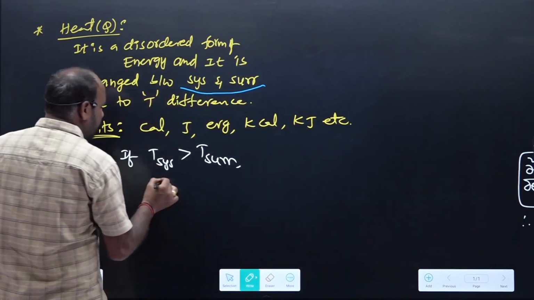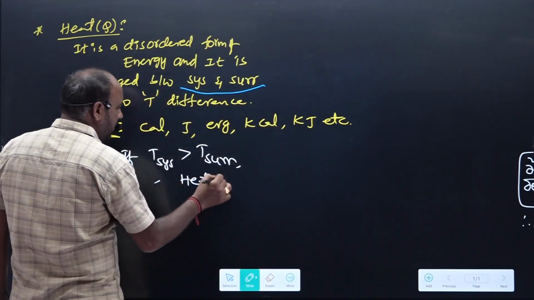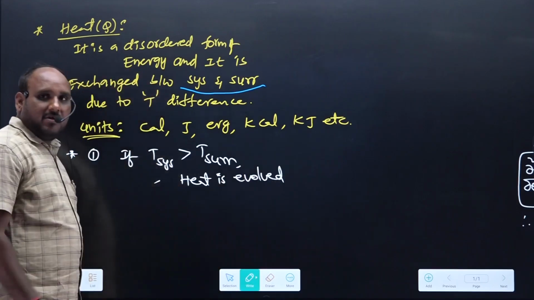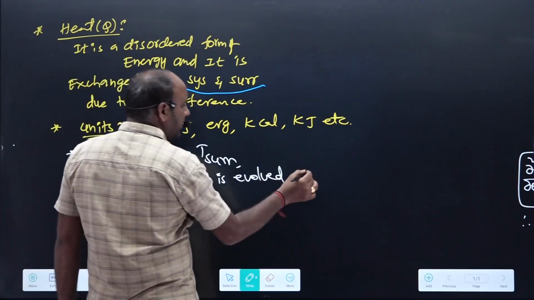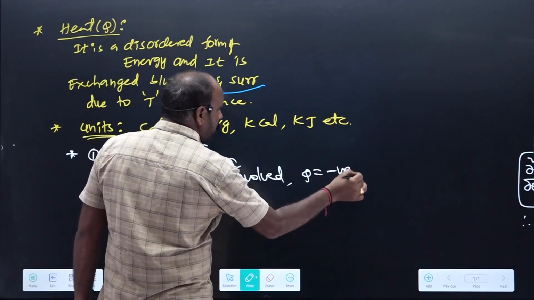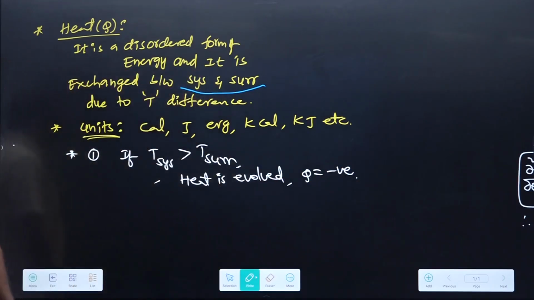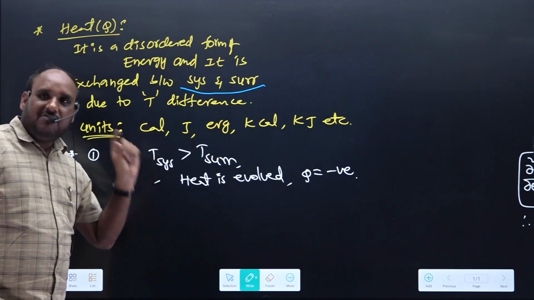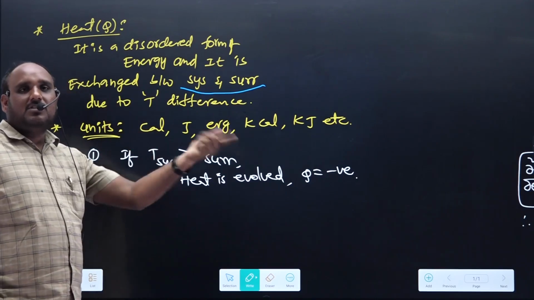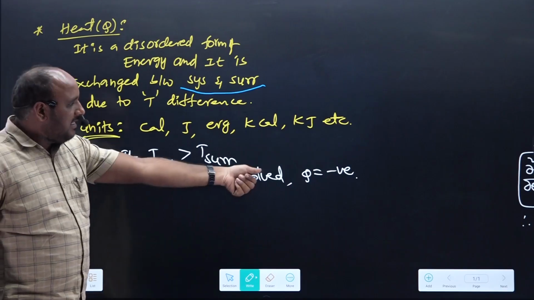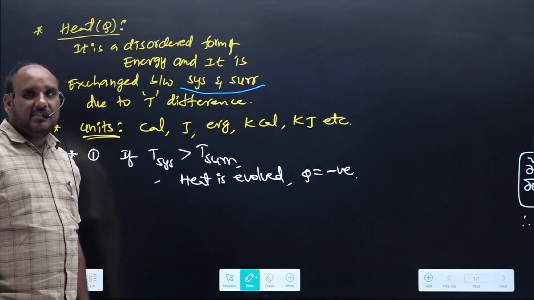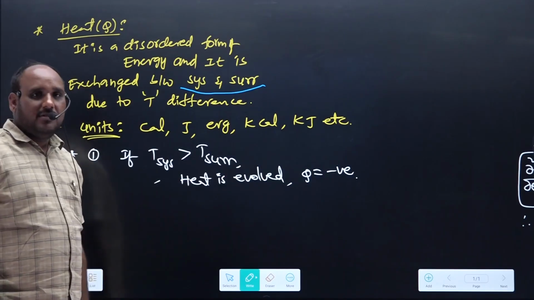Therefore heat is evolved. In this case, when heat is evolved, what about Q? That becomes negative. So at that time Q is equal to negative, right? Heat is evolved, right?